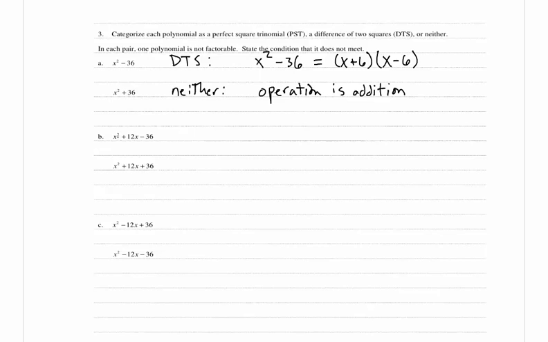In B, we have x squared plus 12x minus 36, and this is neither. And the condition it doesn't meet is the constant term is negative.